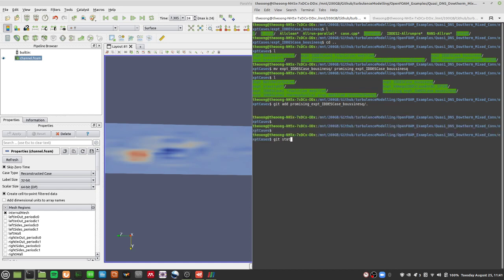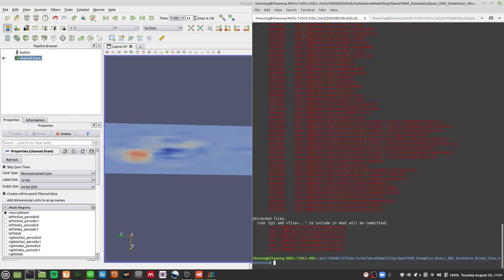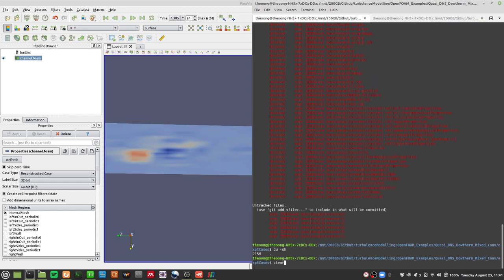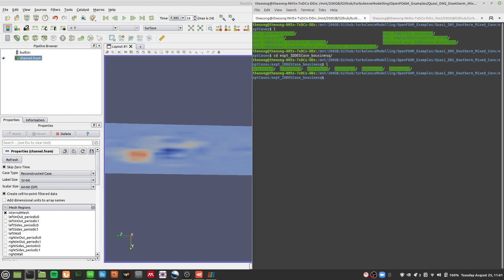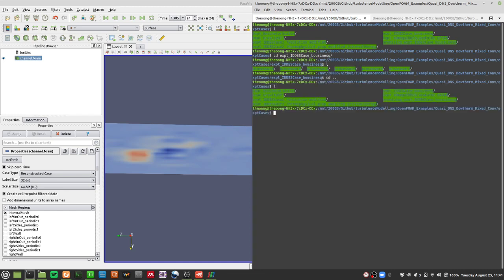Okay, git status. So let's do the experimental IDDES case boussinesq. Okay, so all of this I want to delete.